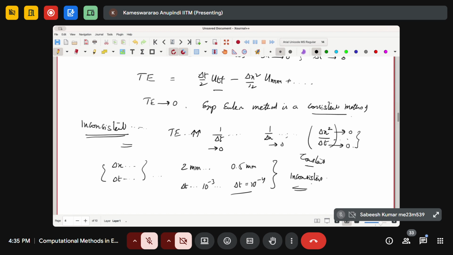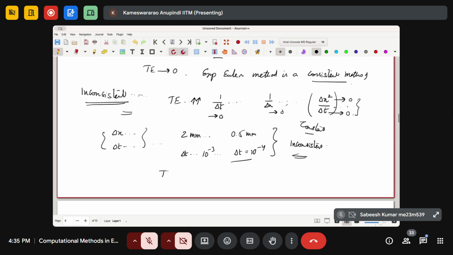Either in the truncation error expression, delta t and delta x are not there only in the numerator, or there are expressions where you have something like delta x by delta t to some exponent, which are basically making your truncation error reach a constant value instead of decaying to 0.